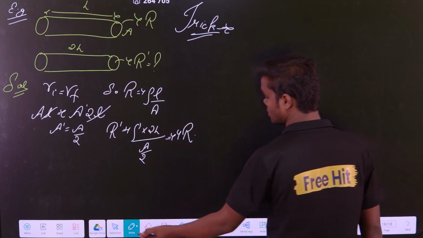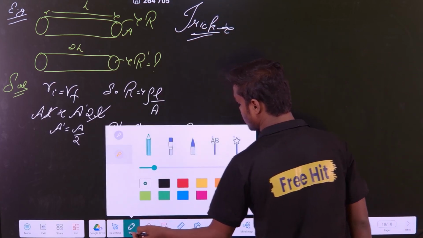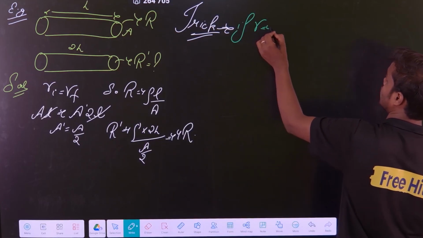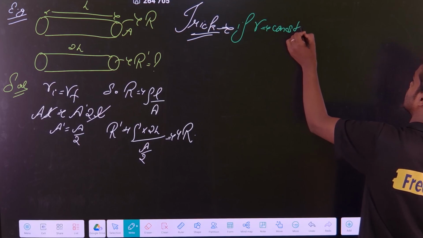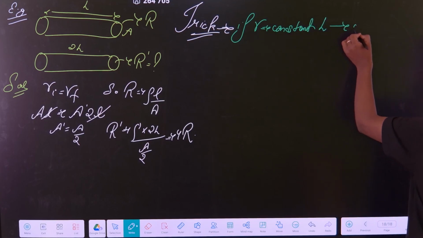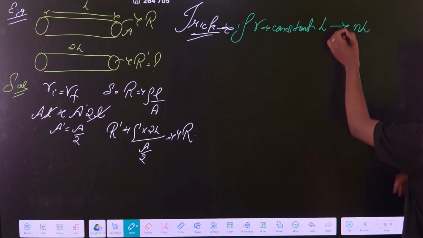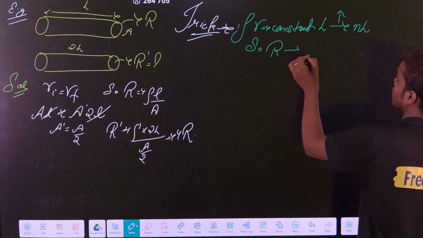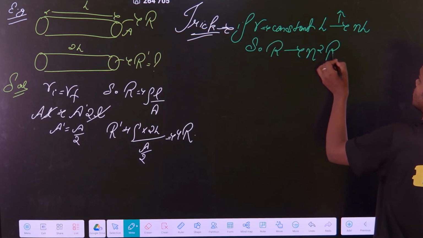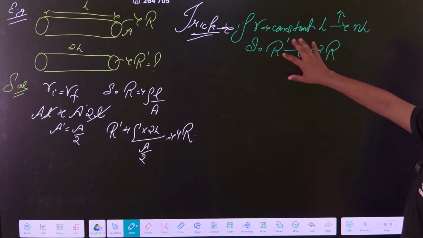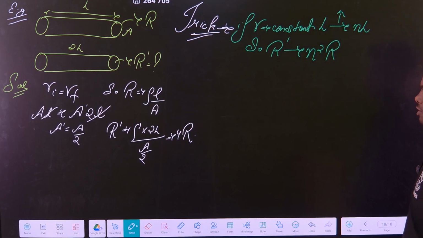It states that if volume is constant, remember that volume has to be constant, and the length goes to n times the original length, meaning the length has increased from L to nL, then my resistance will become n square times R. R dash will become n square R, where R is the original resistance.